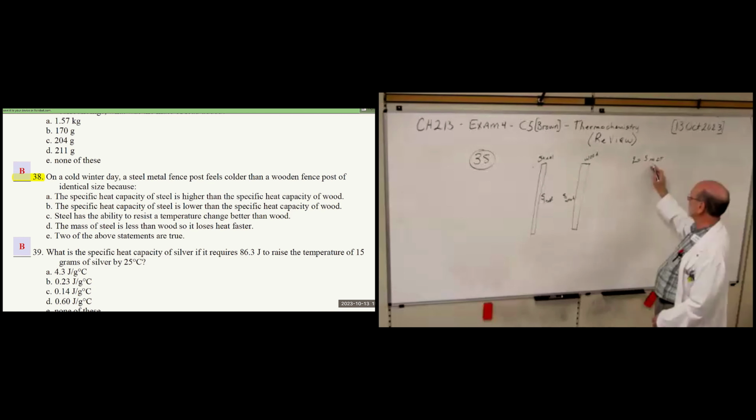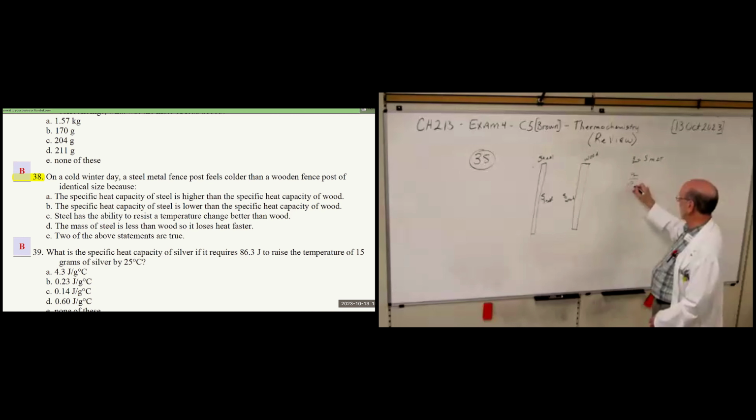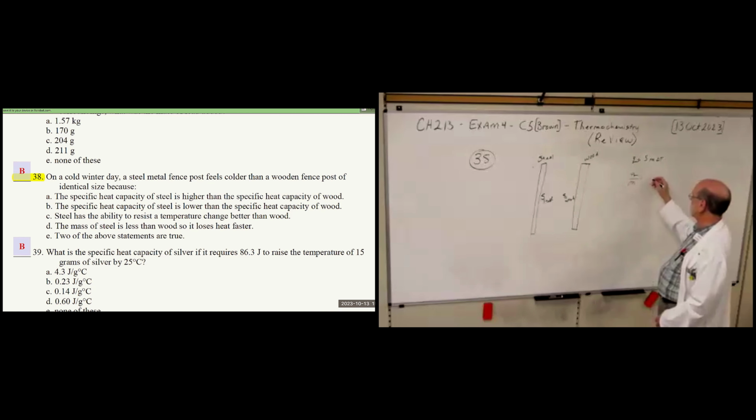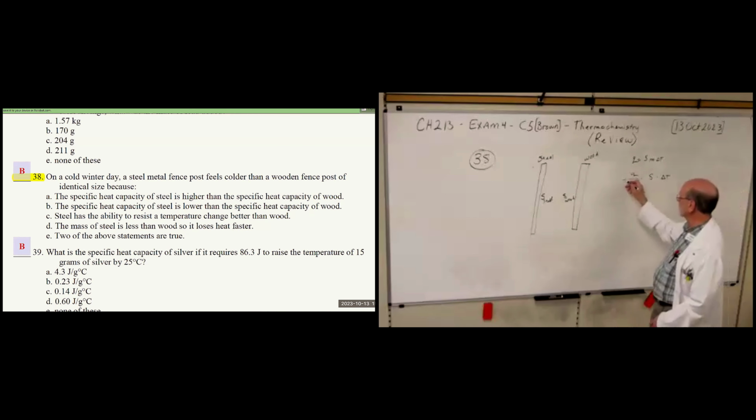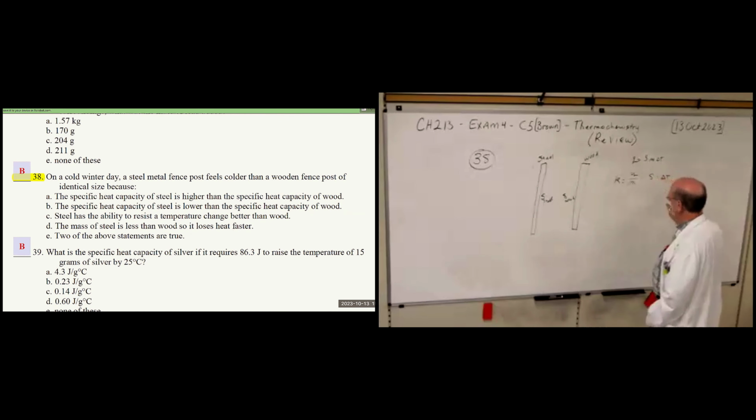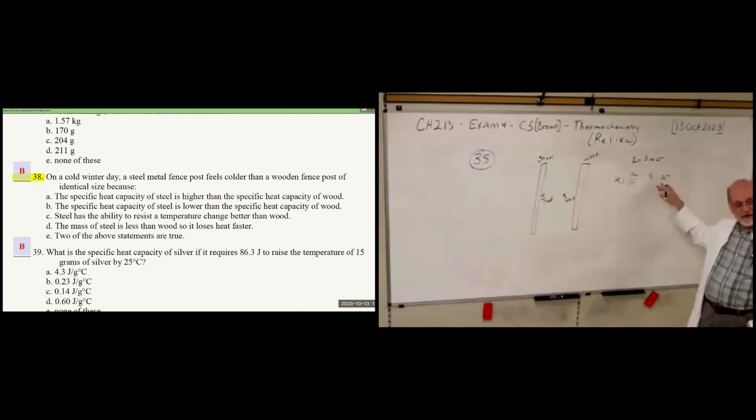So the mass is going to be the same, and we're going to combine Q divided by mass. So it's S times delta T. Now, if this is a constant, then this is a product of two variables, which means they're inversely proportional. So as the temperature change goes up, the specific heat goes down.